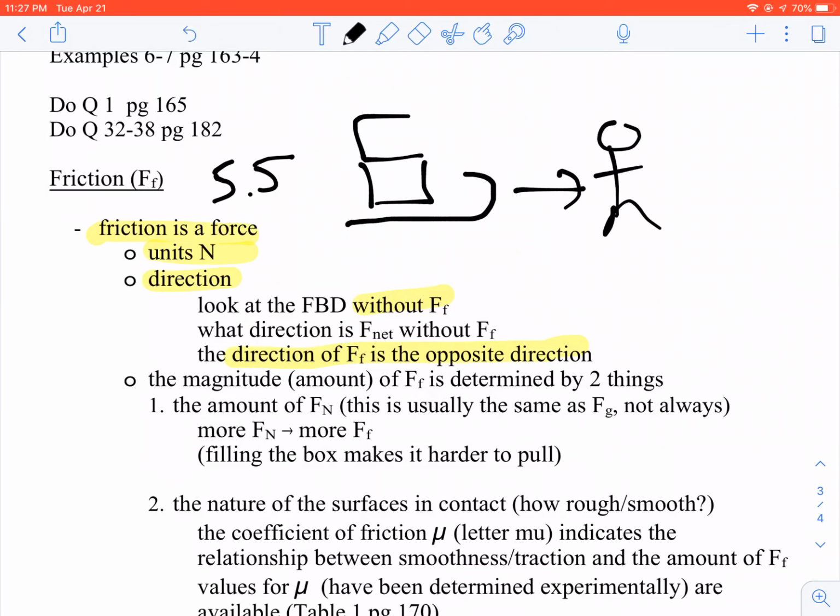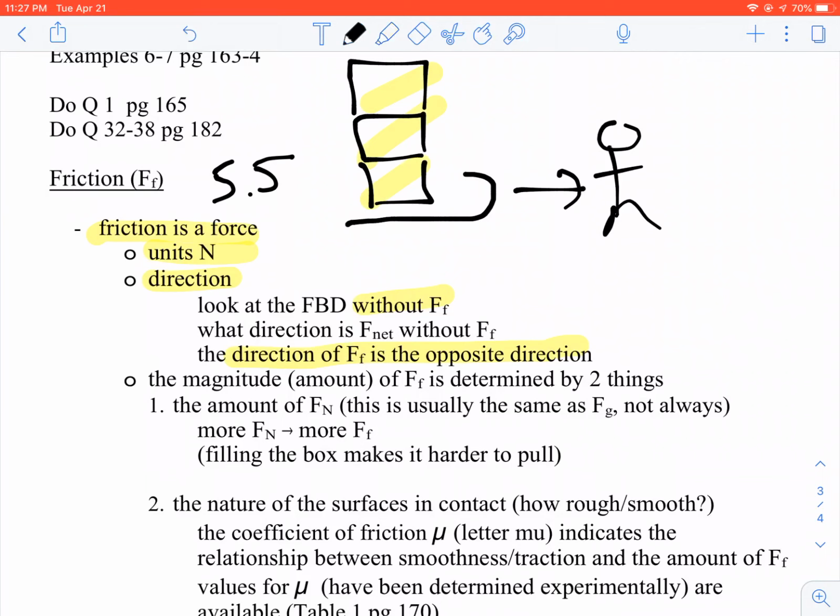And if I put another block of ice on here, it gets harder to pull. And if I take another block of ice, it gets even harder to pull. The reason why it gets harder to pull is because I'm pulling more weight. Well, actually, it's not. The reason why it's harder to pull is because there is more normal force. What causes friction is not gravity. Well, it is gravity. I'm taking more and more gravity, and it's creating more and more normal force.